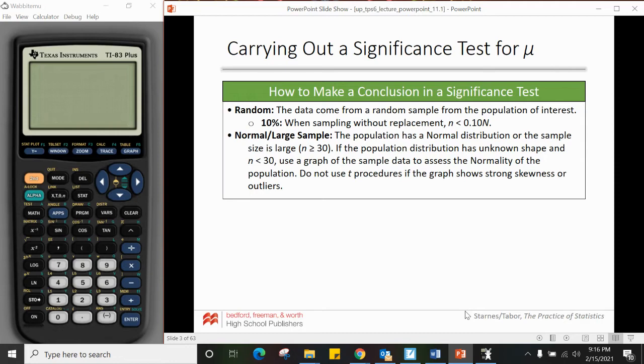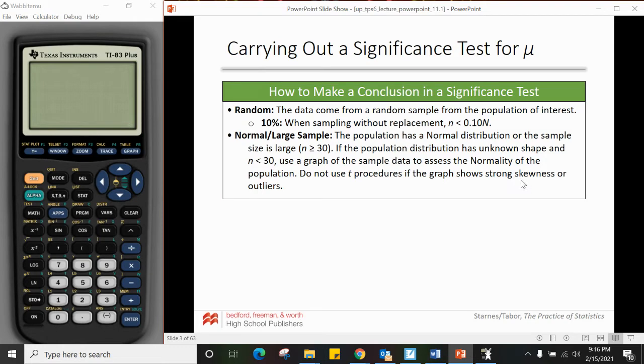And then normal/large counts. There's a couple ways you can satisfy this, and they should all be familiar to us from chapter 10. The first option is that the data comes from a normal distribution. The second is the sample size is larger than 30. If neither of these is true, then you will take the sample and make a graph to decide if it's relatively normal or not.